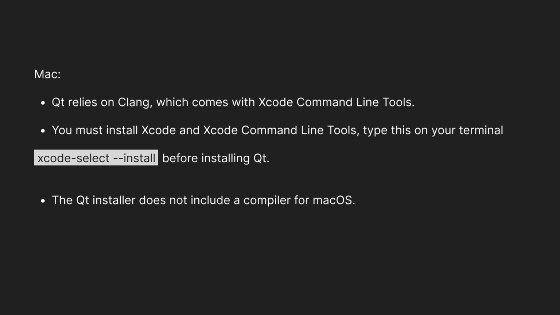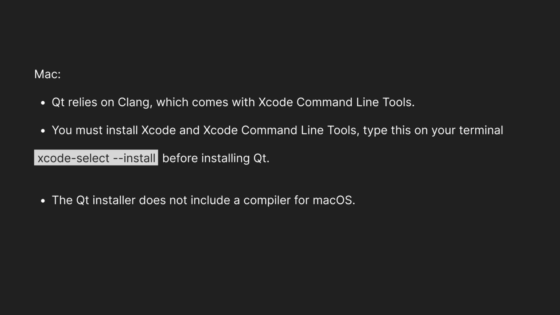If you already have an installation, try to update it. To install Xcode, you can just write xcode-select --install, and that will install your Xcode command line tools, which will include Clang automatically. Clang is the compiler for macOS, and then you can go through the installation.